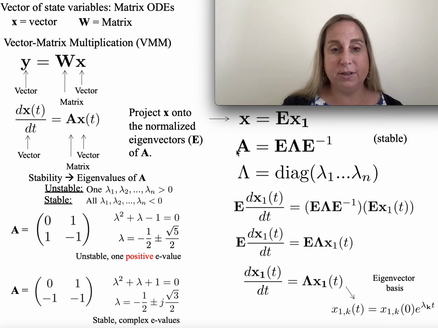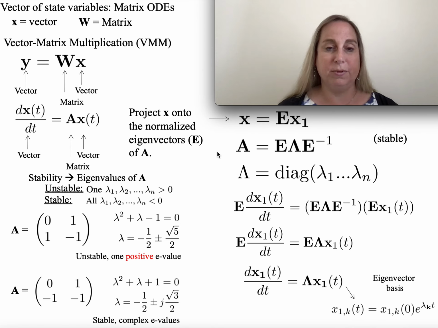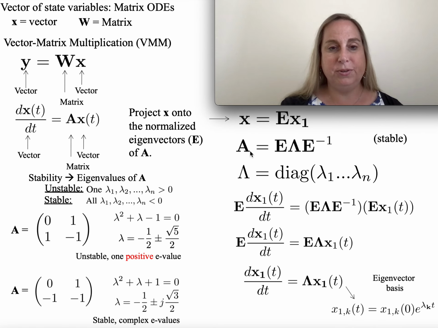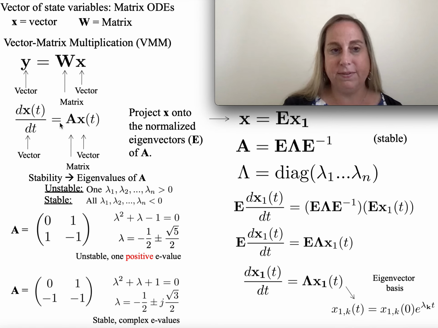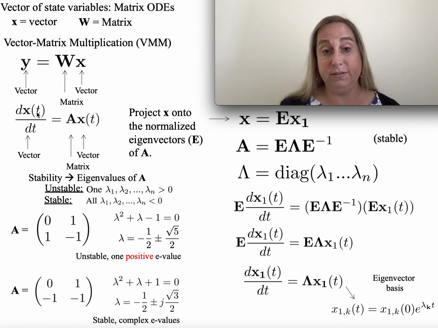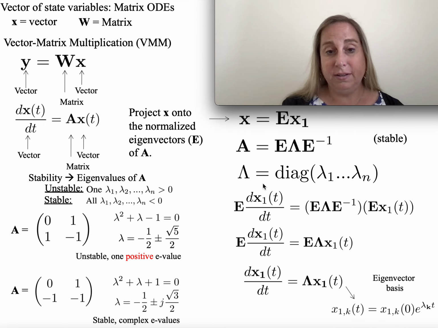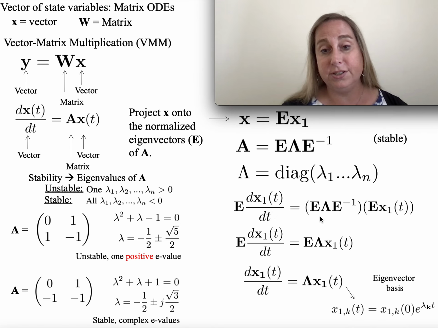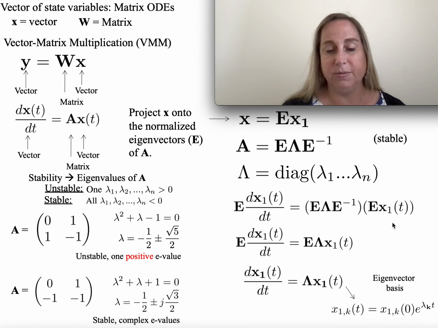Well, if I know this is my definition for A in general, I can substitute this structure in for A. I can substitute x in for the x vector and for the one in the derivative. This gives me the first term on the derivative. The E comes in front of it because A is still a constant. This is a constant term here, and then this is the remaining term in x1.